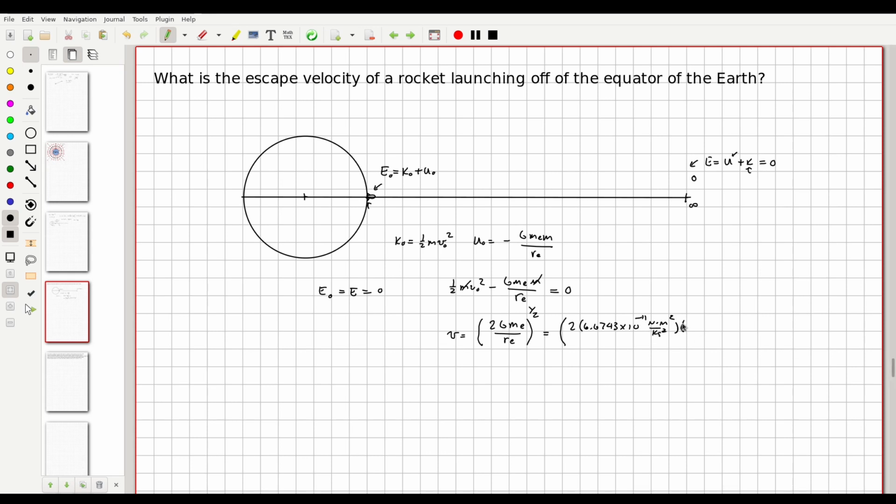M sub E is the mass of the Earth, 5.972 times 10 to the 24th kilograms. And R sub E is the equatorial radius of the Earth, which is 6.3781 times 10 to the 6 meters.